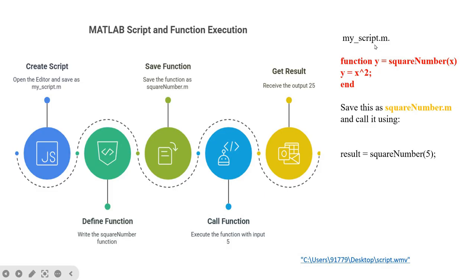So we create a script with .m extension, then write a function in another script and save that script with the function name, squareNumber.m, and call it in the main script: result = squareNumber(5).